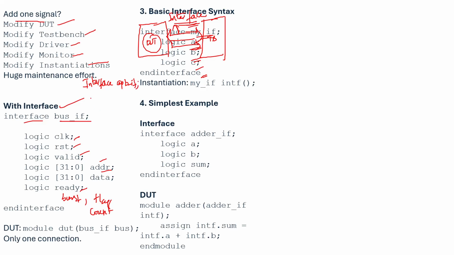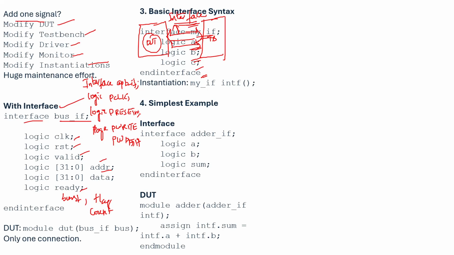Inside that logic, I'm connecting PCLK, logic PRESET, and then PDATA, logic PWRITE. In this way I can represent all my signals. If you want to add PWDATA, that means write data, you can add it here only.